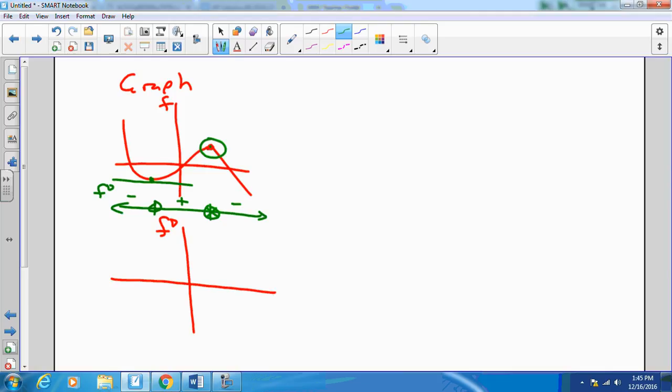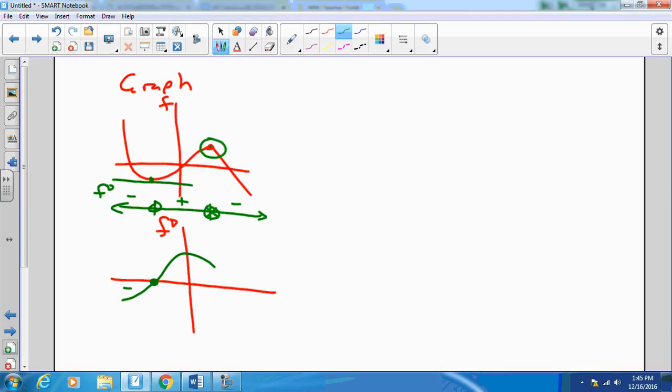Yes. Now coming back to the graph of f prime, I'm going to make sure that the graph of f prime goes through 0 at this critical point, is negative over here, and is positive over to here.